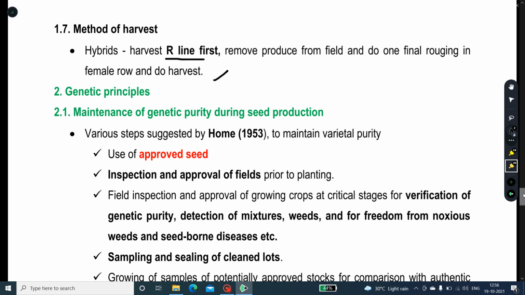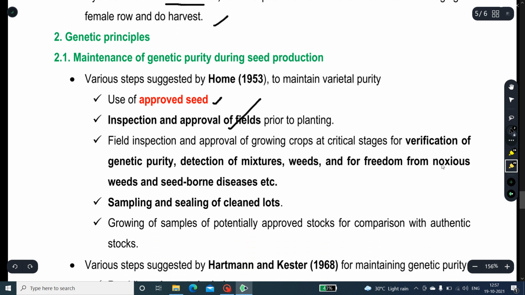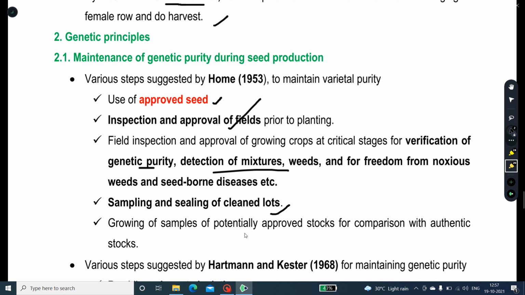The various steps suggested by Home in 1953 to maintain varietal purity are: use of approved seed sources in the seed multiplication process, inspection and approval of the field prior to planting, field inspection and approval of growing crops at critical stages for verification of seed genetic purity, reduction of mixtures and weeds, freedom from noxious weeds and seed-borne diseases, sampling and sealing of cleaned lots, and growing of samples of potentially approved stocks for comparison with authenticated stocks.